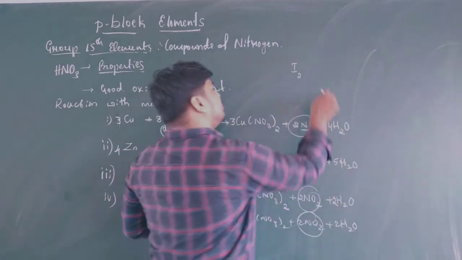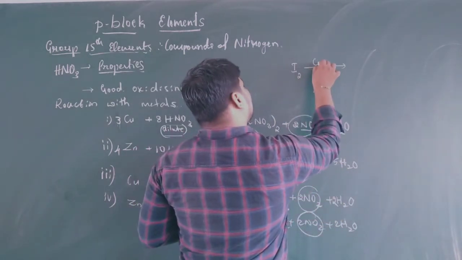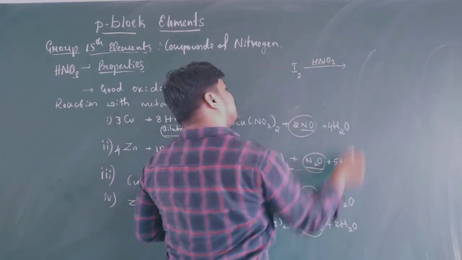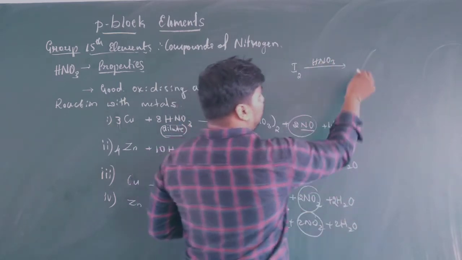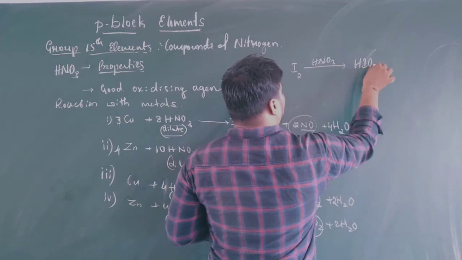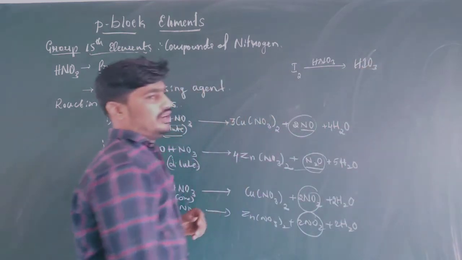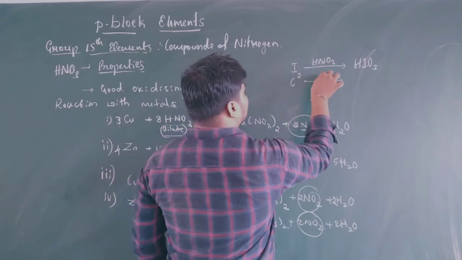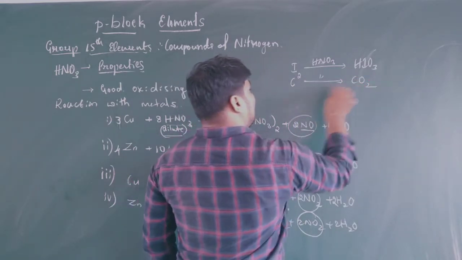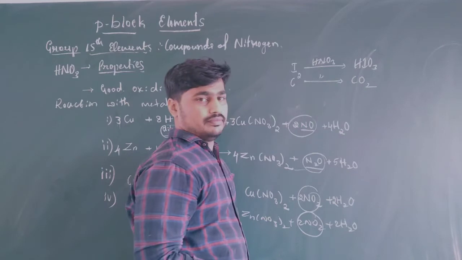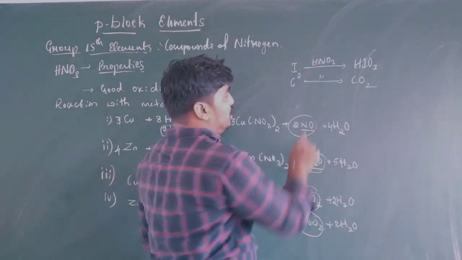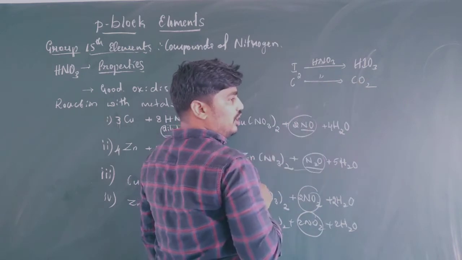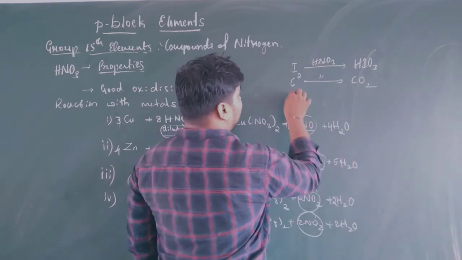Iodine reacts with concentrated HNO3 and produces the corresponding oxyacid of iodine, iodic acid. Similarly, carbon reacts with nitric acid and produces carbon dioxide. Oxidation takes place: oxidation of iodine, and oxidation of carbon to carbon dioxide.